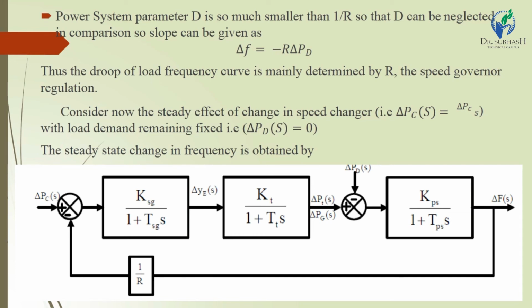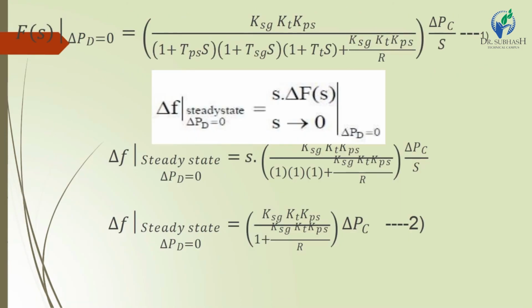The steady state change in the frequency is obtained from the equation as delta F of S is equal to Ksg into Kt into Kps upon 1 plus Tps into S, 1 plus Tsg into S, 1 plus Tt into S, plus Ksg Kt Kps upon R, into delta PC of S. We write this equation for steady state with delta PD equal to 0. This is known as equation number 2.